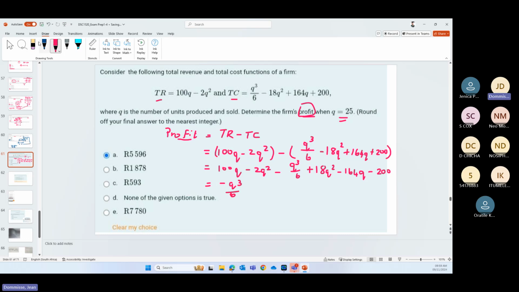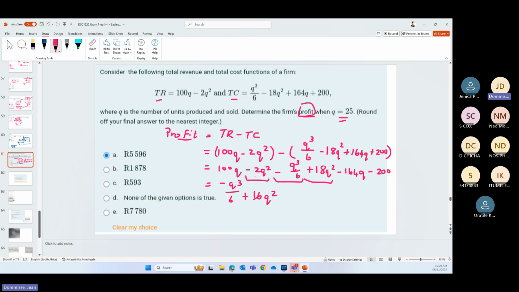Then Q2's: minus 2 plus 18, so that's plus 16 Q2.